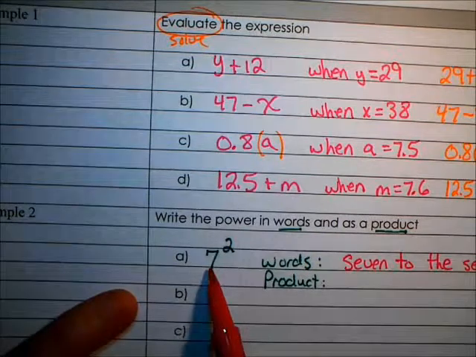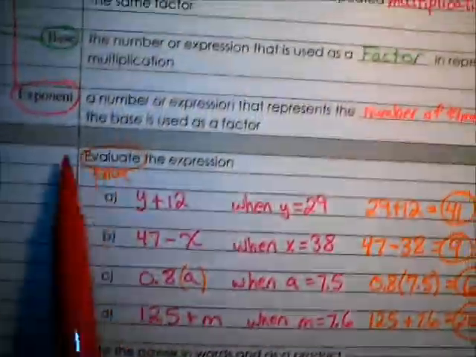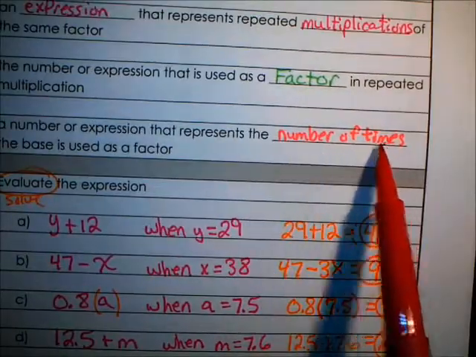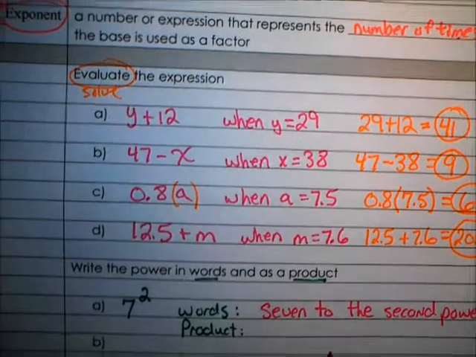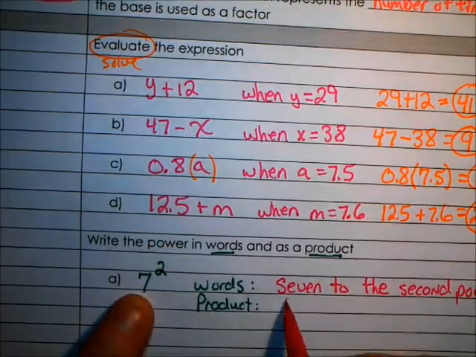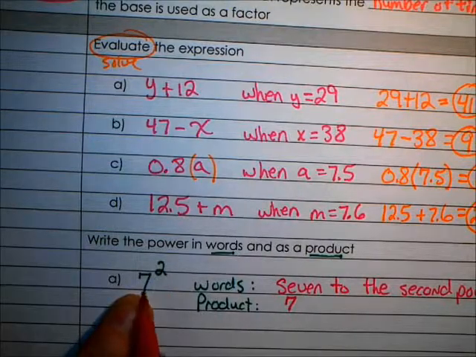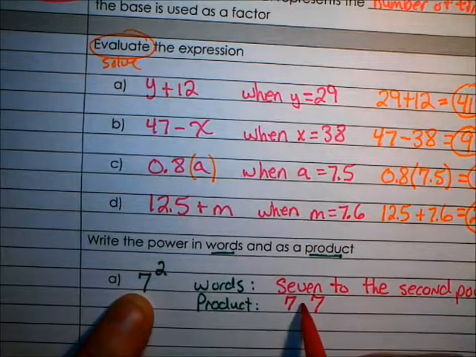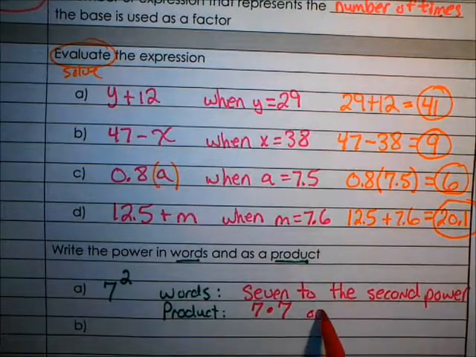So here my base is a 7 and 2 is the exponent, and this 2 represents the number of times that the base is being used as a factor. In other words, the number of times I'm multiplying. So I'm going to take the base and write it the number of exponents. So since I have a 2, I'm going to have 7 and a 7, and I'm going to put a dot between them, meaning I'm multiplying. If you want, you can put parentheses.